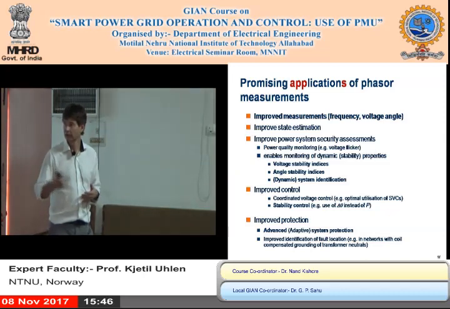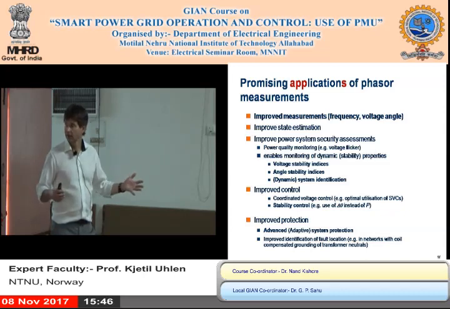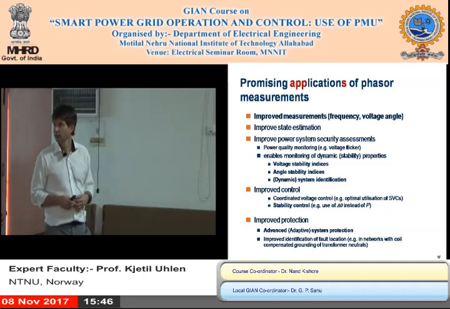That will also be given as an example later, how you can do that. I won't say more about it now, but there are some applications where the voltage angle information from PMUs can be utilized for protection.